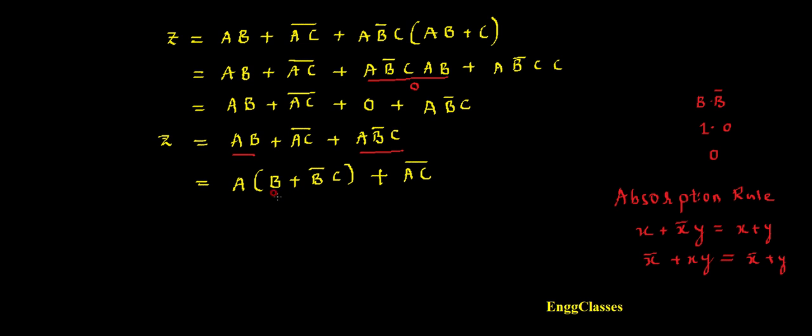I just have to compare which form this relates to. A into (B plus B bar C) relates to x plus x bar y, which is x plus y. In place of x, I have B, and in place of y, I have C. So the reduced form is A into bracket B plus C, and I have AC whole bar.